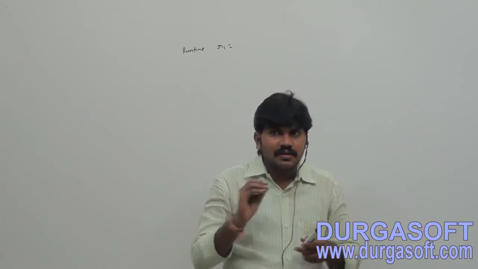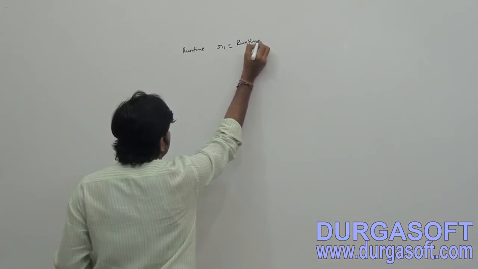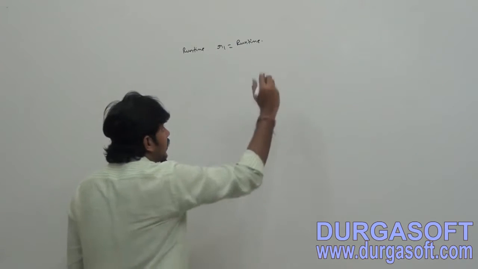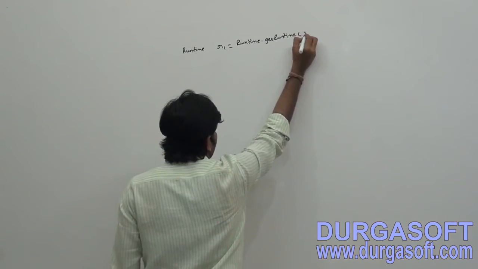That's why singleton class objects we can create by using factory methods. In the morning we covered the factory method. Runtime.getRuntime().